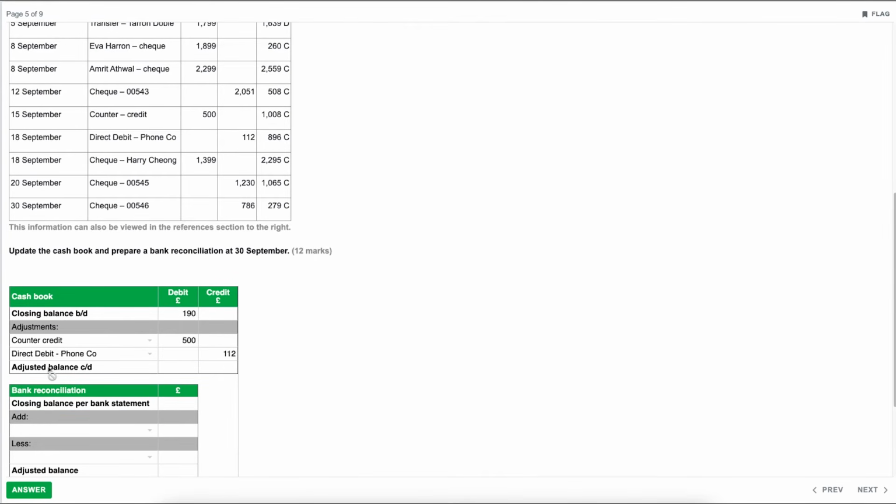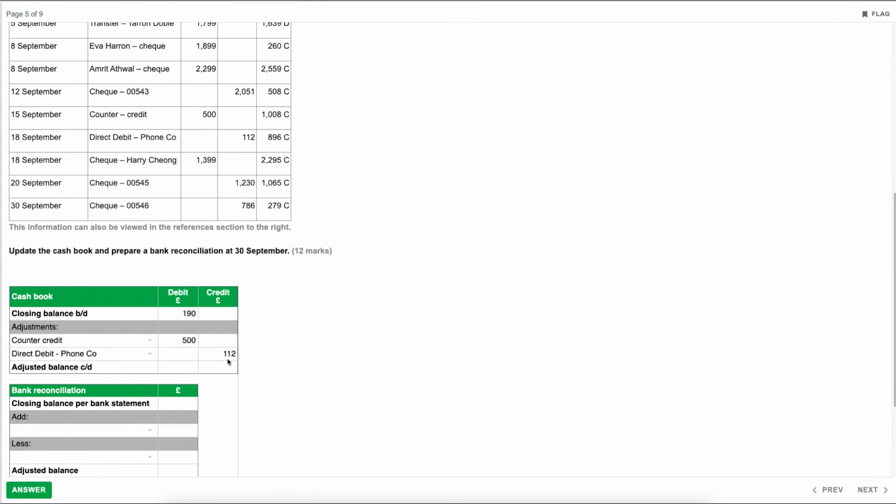So we now need to do our adjusted balance carried down. So we had a closing balance of 190, which was a debit. So that was the balance brought down. So we would add on 500 for that additional income from the counter credit and take off the £112 payment for our direct debit, which gives us now a difference of £578.